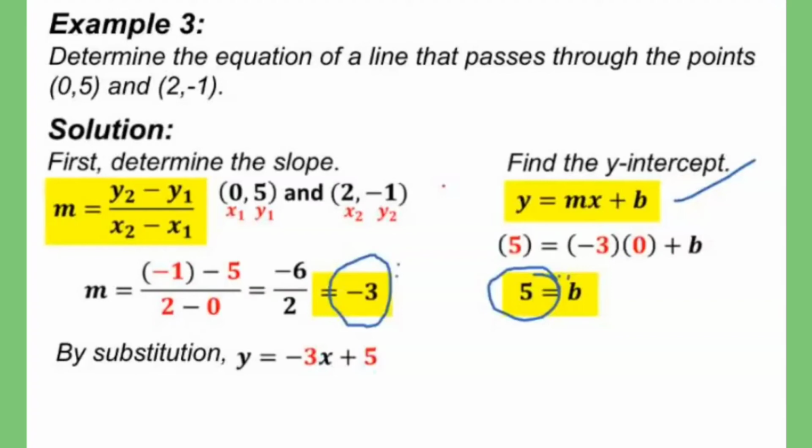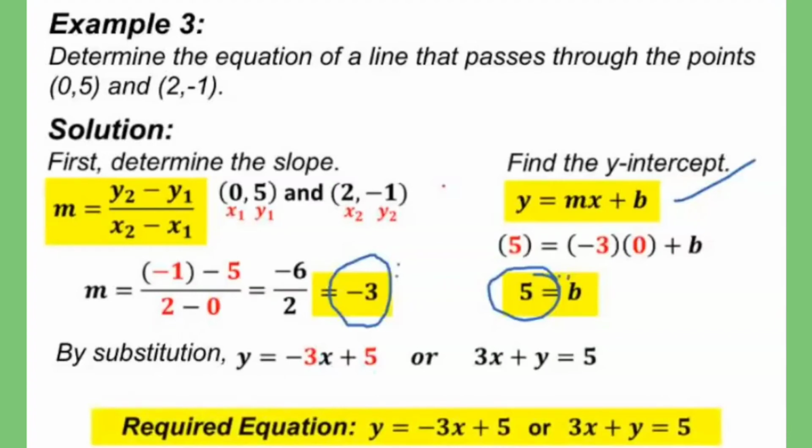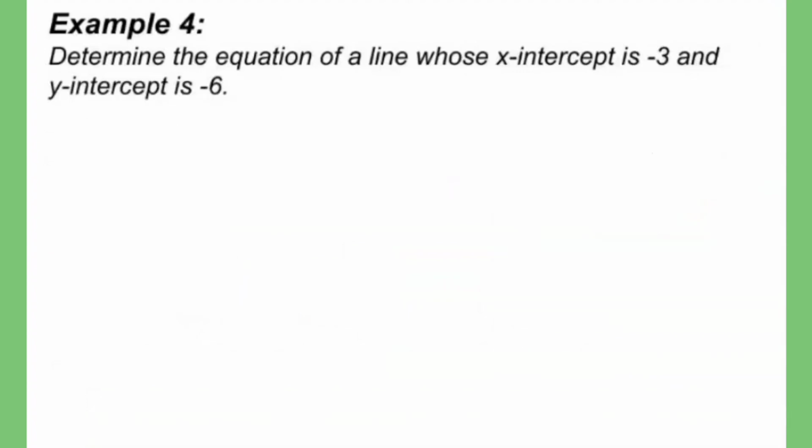Or, if gusto nating i-transform ang equation na ito in standard form, pwede nating ilipat yung negative 3x to the left side of our equation. So, this will become positive 3x, copy lang natin yung positive y, at saka yung equal to positive 5. Hence, the required equation would be y is equal to negative 3x plus 5, or 3x plus y is equal to 5. Let's now have our final example.